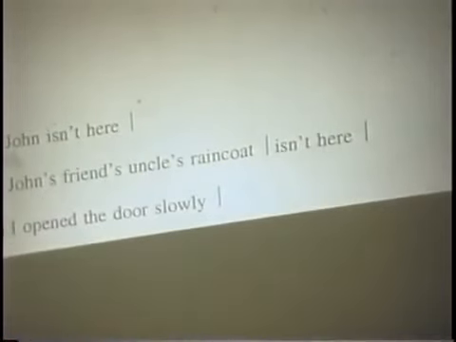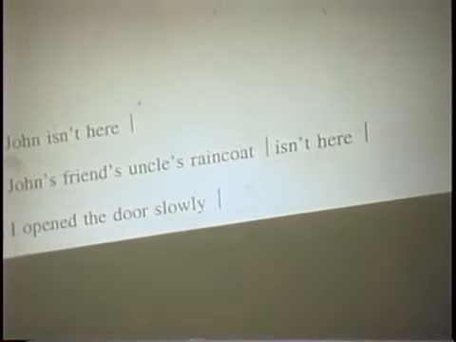Here's another fairly simple sentence which consists of a noun phrase subject, I, and a verb phrase, open the door slowly. The door is a noun phrase object, and slowly is an adverbial phrase. I open the door slowly.